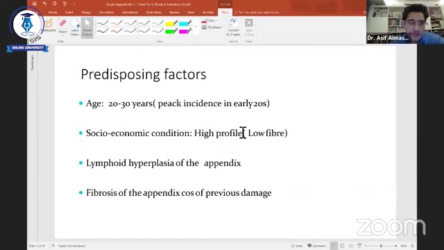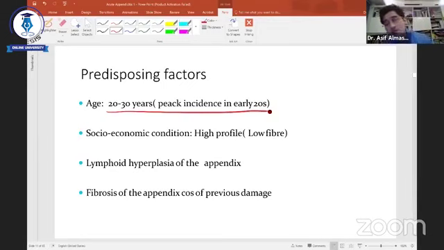Okay, so what are the predisposing factors? Usually, as you know, appendicitis is a disease of the young. Usually young patients suffer from appendicitis, but definitely the elderly population can also suffer from it. This is an important point.